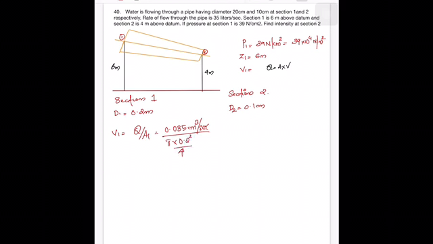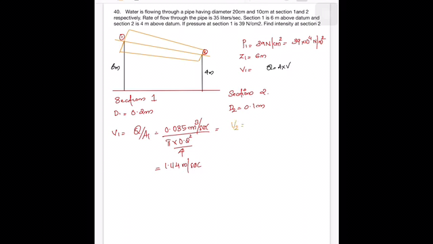This will be V1. You have to convert liters per second into meter cube per second because we are doing everything in SI units. Therefore, V1 will be equal to 1.114 meters per second.